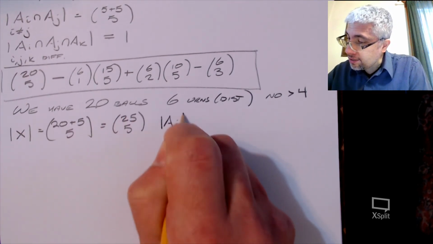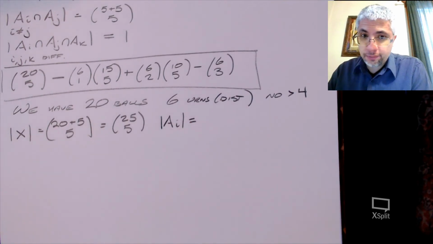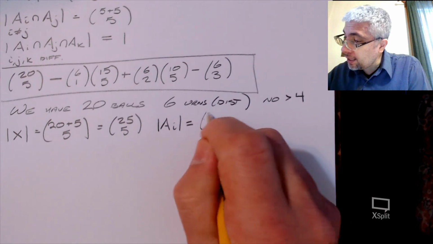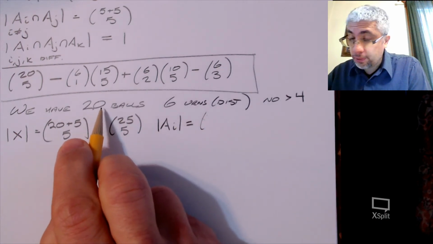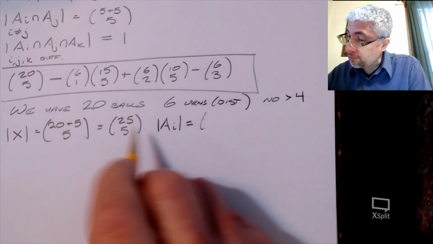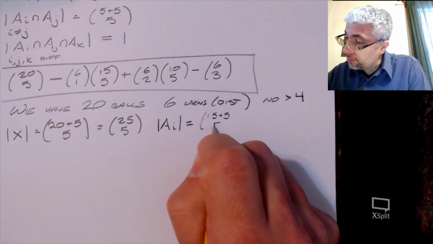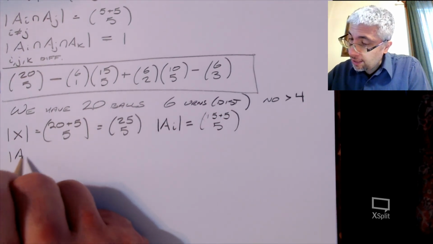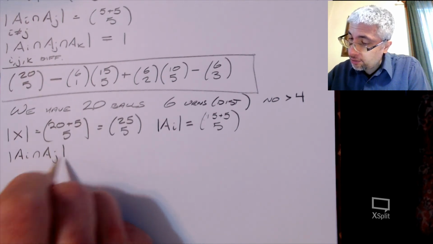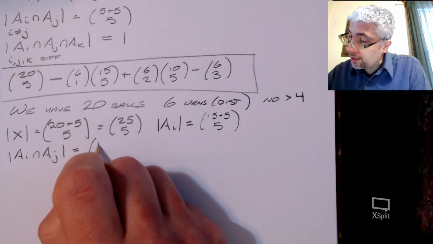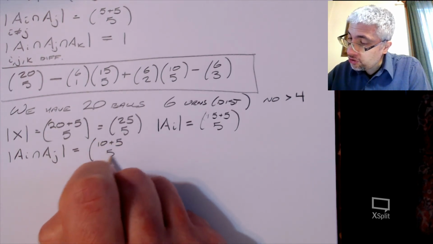For the size of A_i, and it doesn't matter whether I compute A_1 or write A_i, what am I going to get? I have to place 5 balls, so I'm going to have 15 plus 5, choose 5. And A_i intersect A_j, we'll assume that these are different numbers, we would end up with 10 plus 5, choose 5.